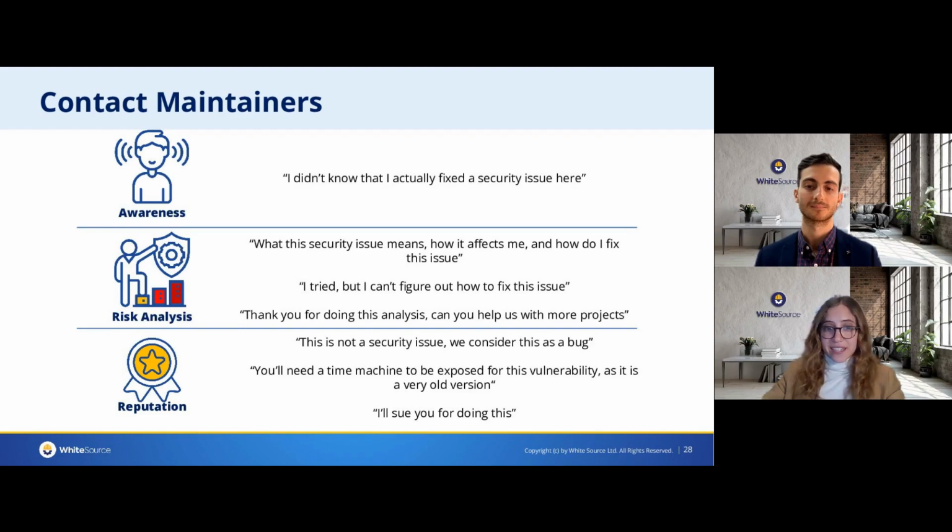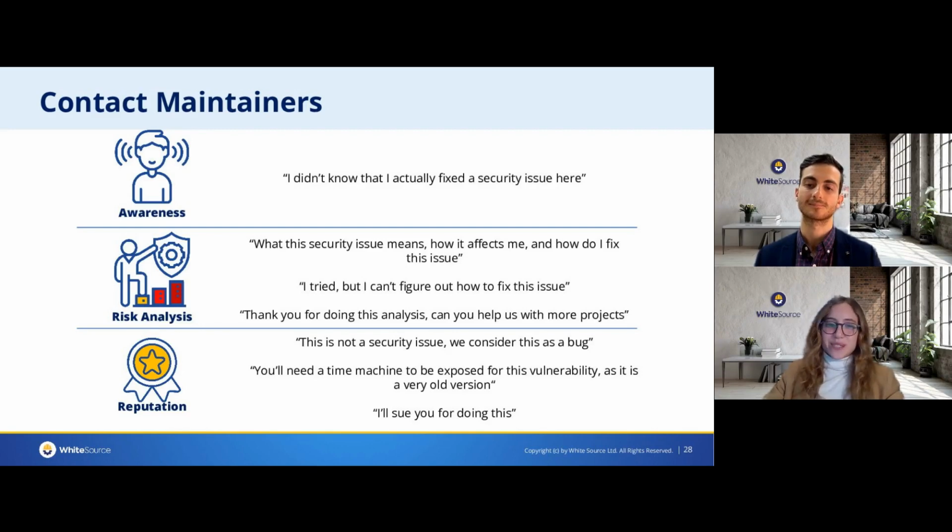The second, what does this security issue mean, how does it affect me, and how do I fix the issue? Or, I tried, but I can't figure out how to fix the issue. And the best scenario, of course, is, thank you for doing this analysis. Can you help us with more projects?